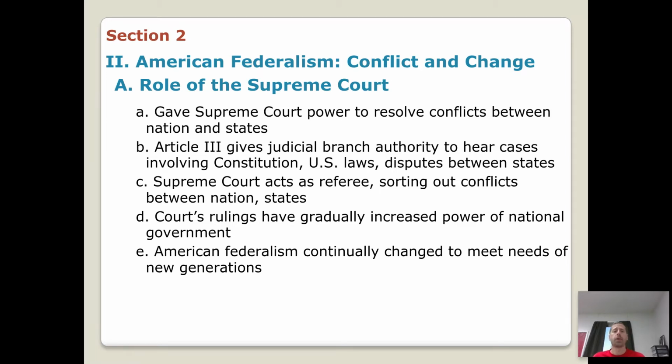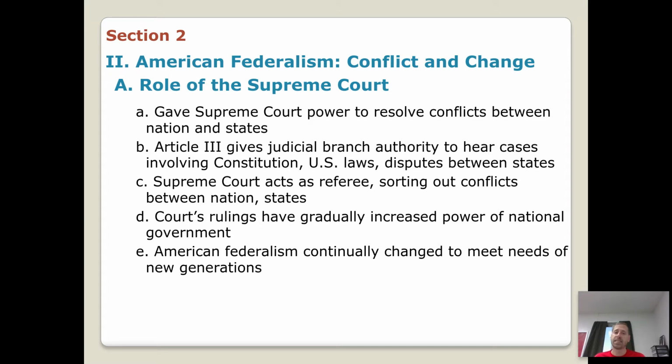The Supreme Court played a big role in the change or the advancement of federalism. We know the Constitution gives the Supreme Court the final say in resolving disputes.